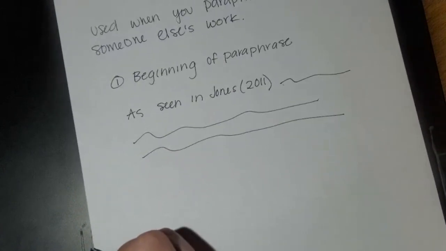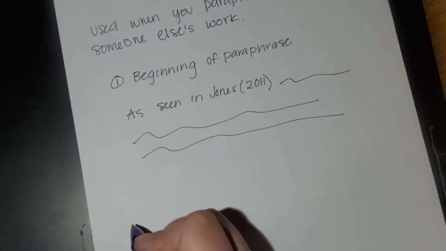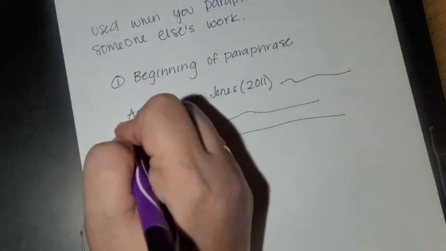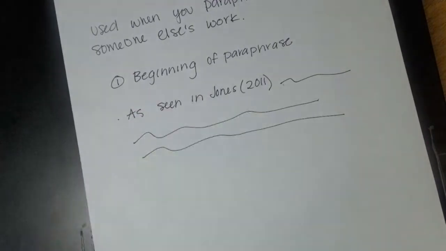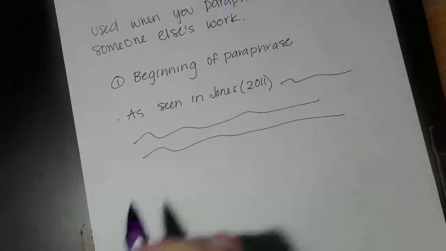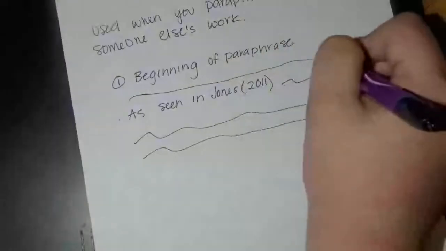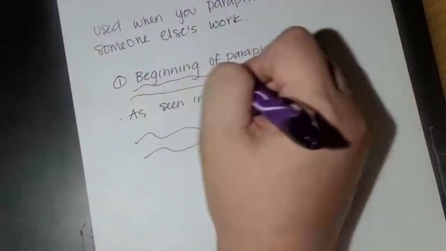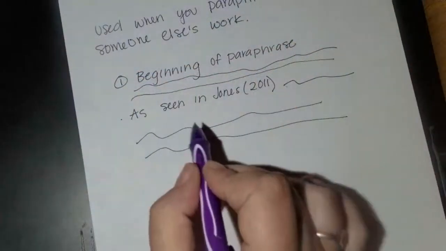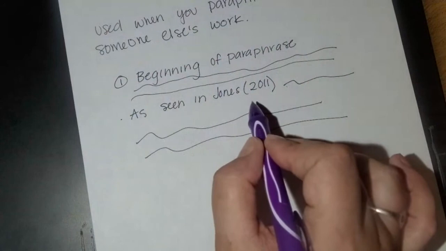You have to be very careful with this one. If this is put at the very beginning of a paragraph, it's assumed then that that entire paragraph is attributed to that one source. You can have writing before it, okay? And then start this.